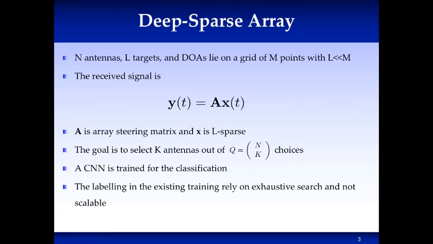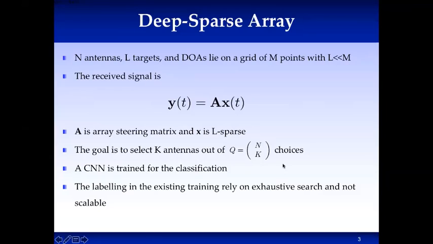In this case, the signal received is given by this equation here, where A is an array steering matrix and X is an L-sparse vector. The support of X denotes the directions of arrival and its amplitudes denote the amplitudes of the corresponding sources. The goal is to select k antennas out of n, out of the n choose k possible choices.